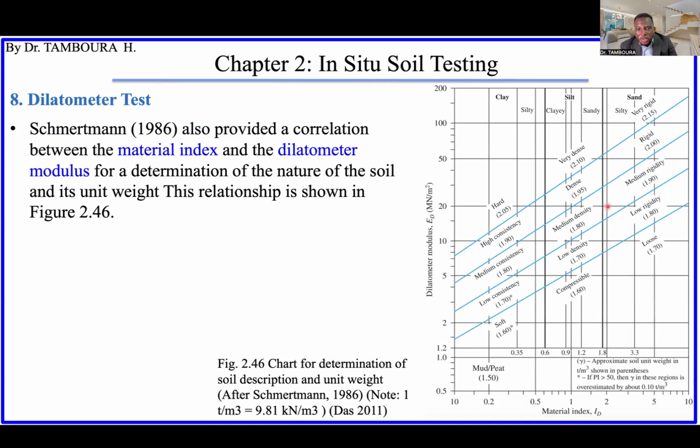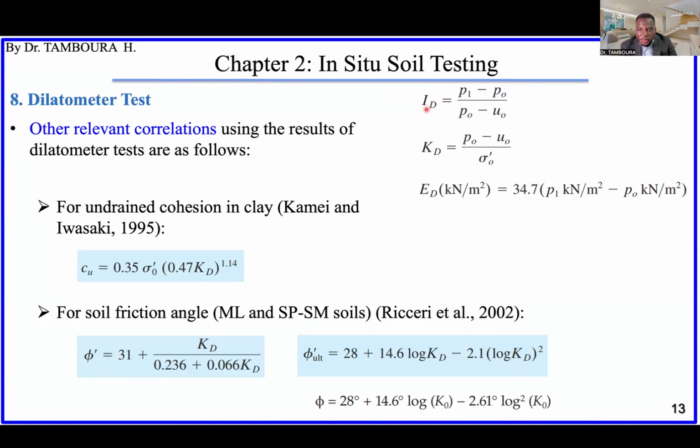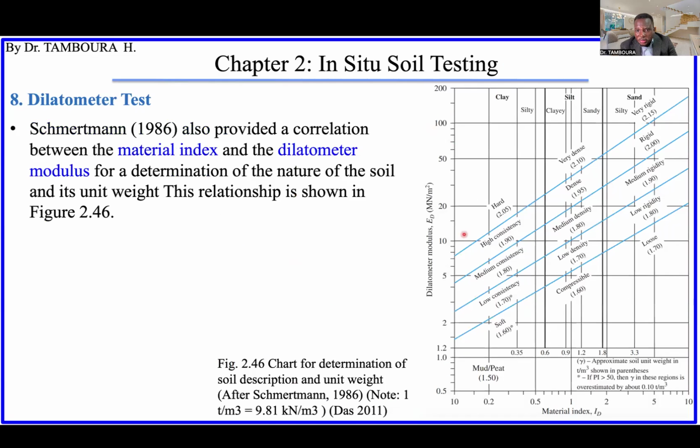And this table is showing a relationship between the material index, ID, and the dilatometer modulus. If you plot the material index on the horizontal axis and the dilatometer modulus on the vertical axis, you can guess what type of soil you are dealing with.